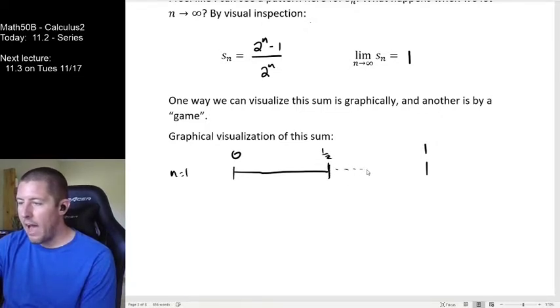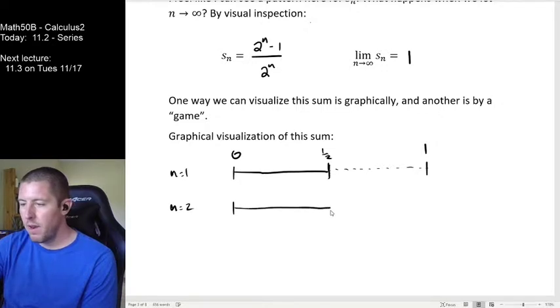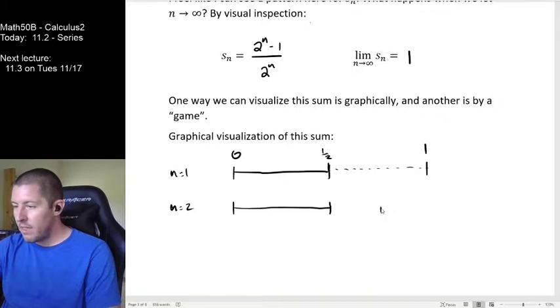But what we don't have is any of these other parts. Now when I go on to n equals 2, I'm going to keep my original stuff. We've still got 1/2 as the sum so far, but now what I'm adding on is a quarter. And you should notice that 1/4 is 1/2 of a half. So that is going to satisfy half of the remaining distance left to get to 1.